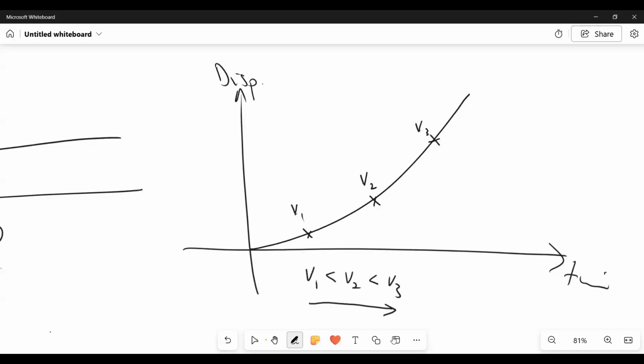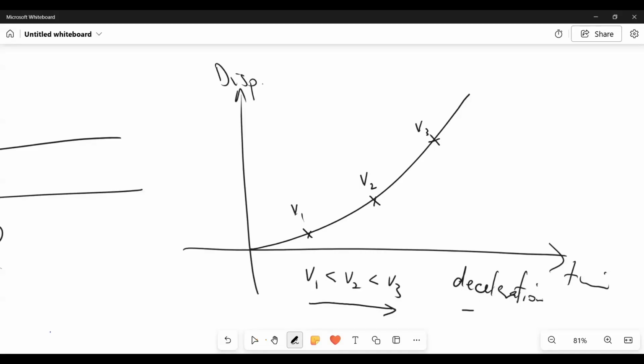Yes. Because the velocity is changing, whether it's increasing or even decreasing. Remember we said decreasing acceleration is called deceleration. Remember that? So acceleration can be negative.